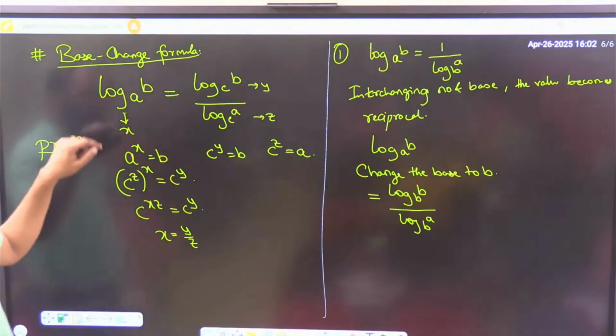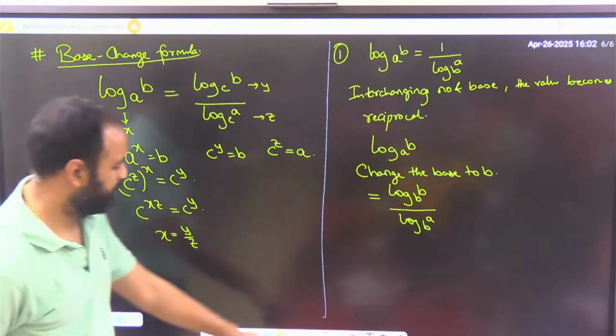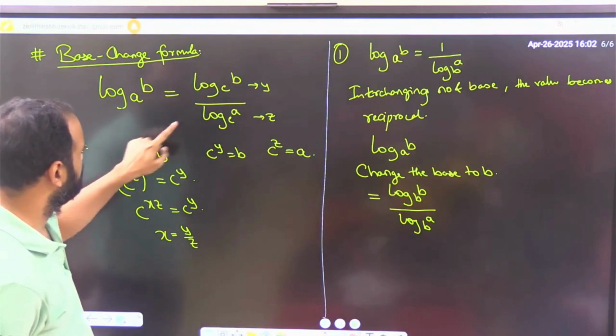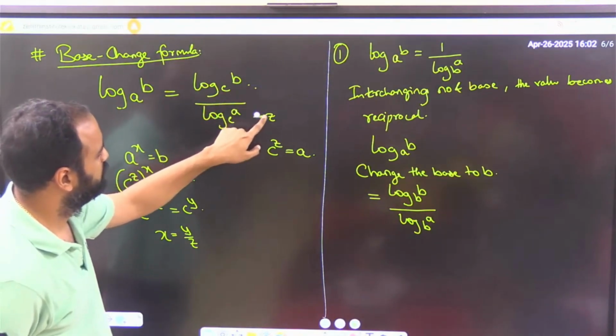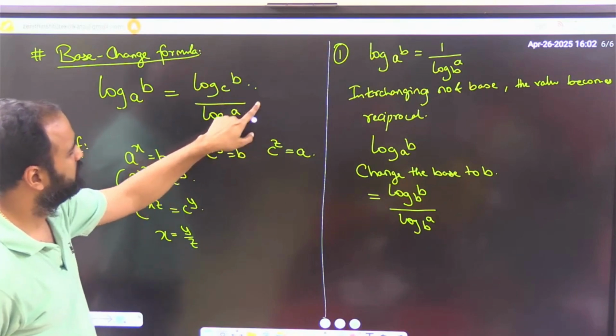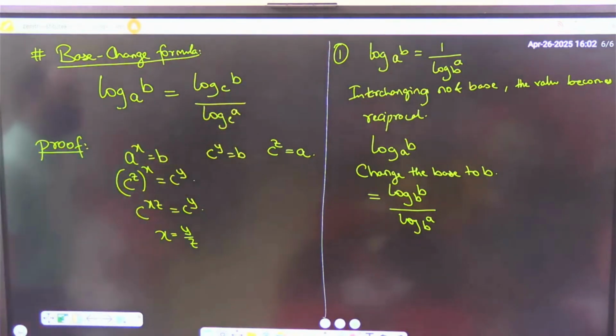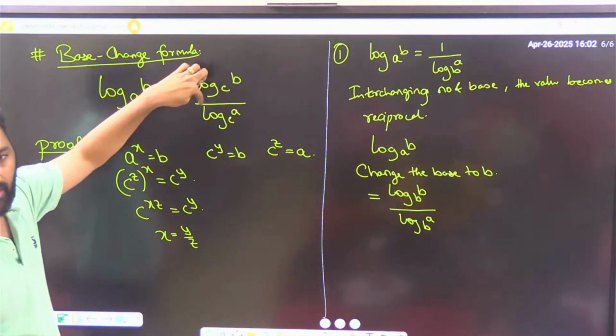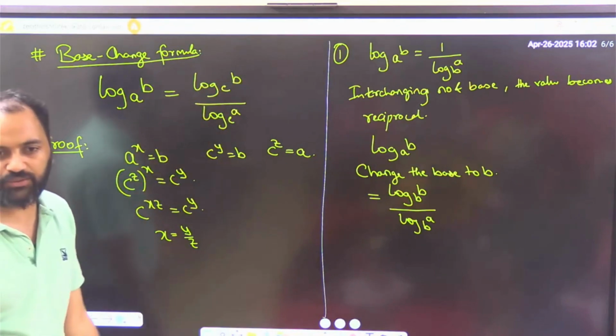That is how the formula principally works. Log b to the base a would be log b to the new base divided by log of the old base to the new base.